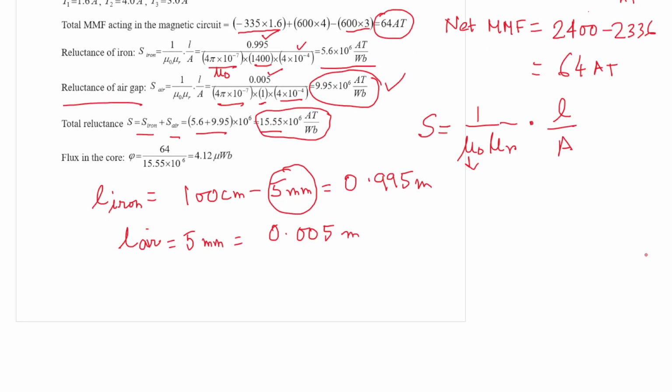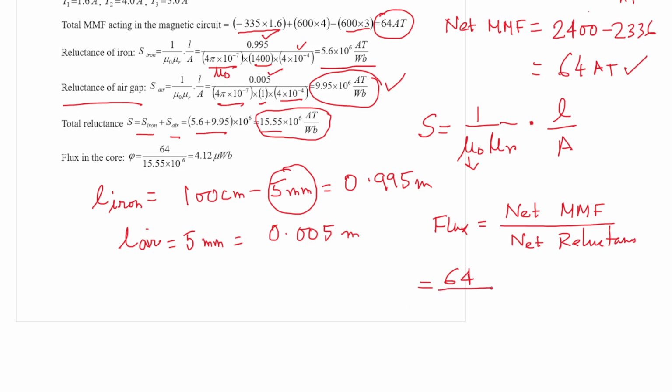So from Ohm's law applied in magnetic circuit, flux is net MMF divided by net reluctance. What is net MMF? It is 64, and net reluctance is 15.55 into 10 to the power 6.